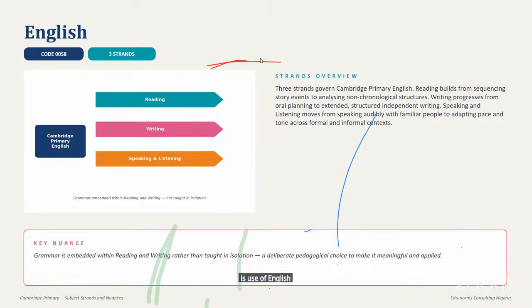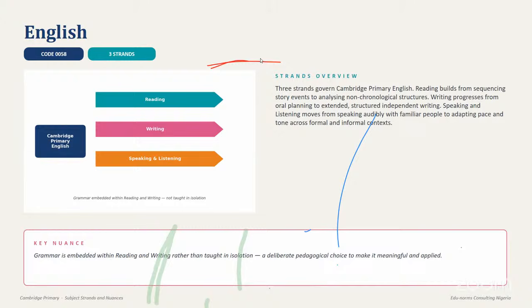Use of English is what we call grammar in Nigeria. So that is English as a first language. You've seen the strands. The strands are 3: reading, writing, and use of English. Now, what is the nuance?